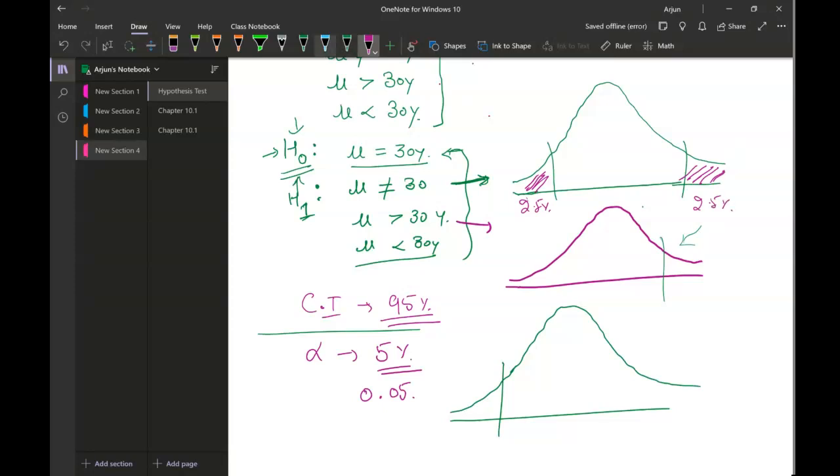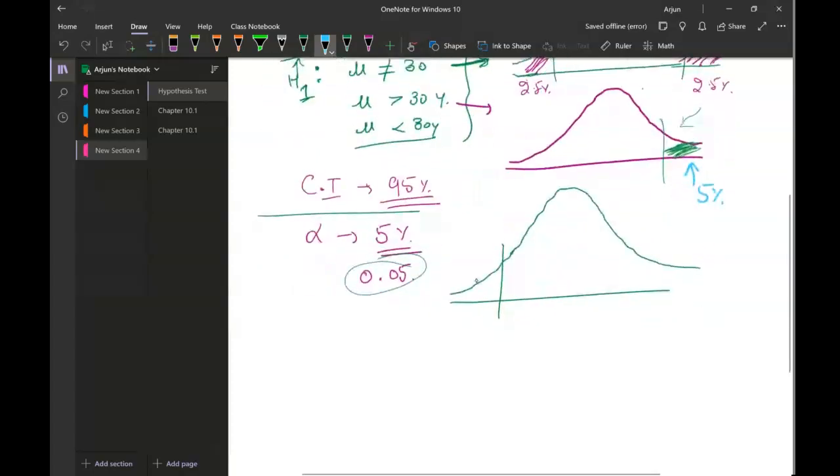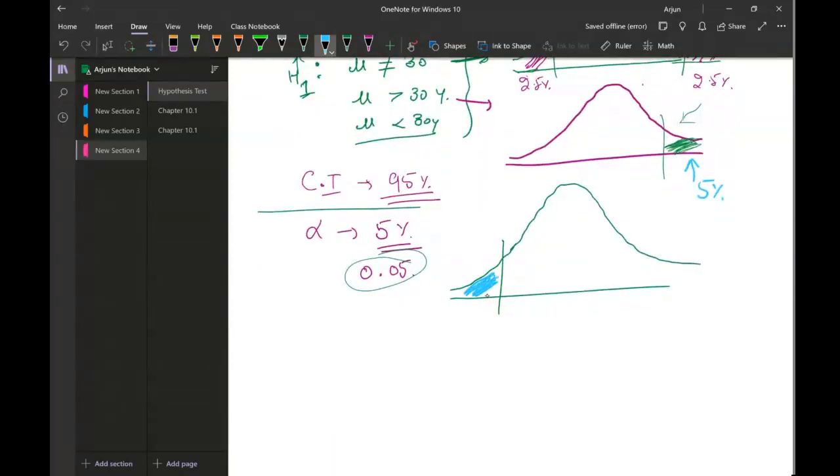If it is only a right tail, then the whole of the alpha value will be on the right side, so this section will be 5%. And if it is a left tail, this section will be 5%. Same thing, if the confidence interval is 90%, then the alpha value will be 10%.